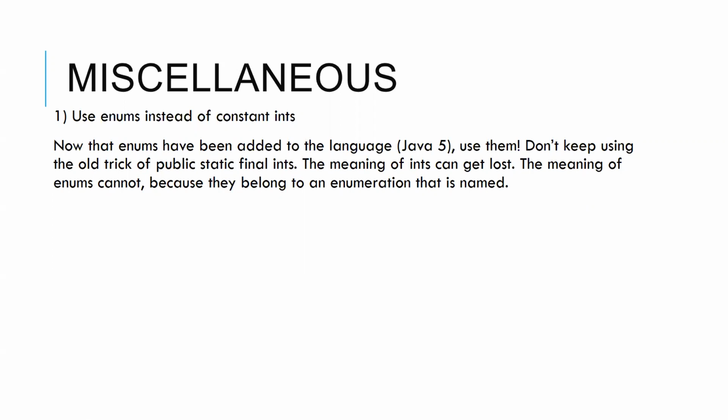But while doing so, the meaning of the ints gets lost, and just by looking at the constant, you're not able to make out what it actually represents. Instead of that, you could use an enum. The meaning of enums cannot be lost because they belong to a named enumeration, and by the name itself, you would be able to understand what this particular thing represents.